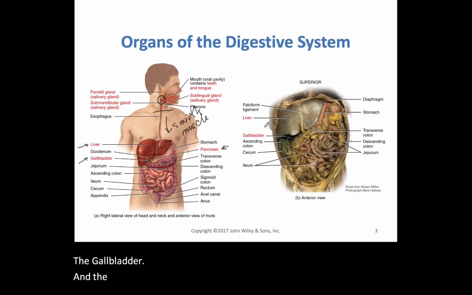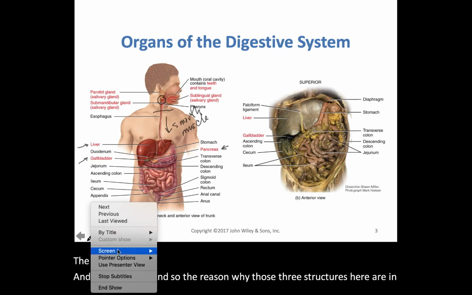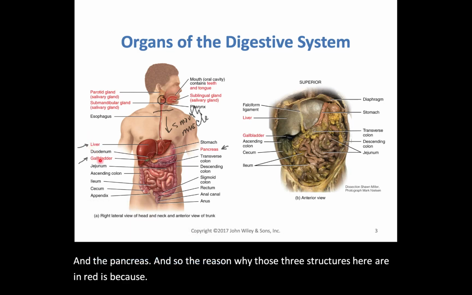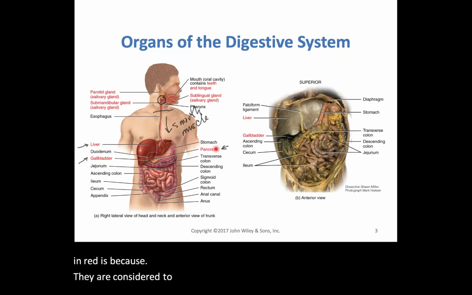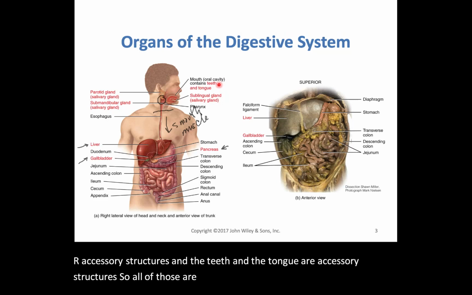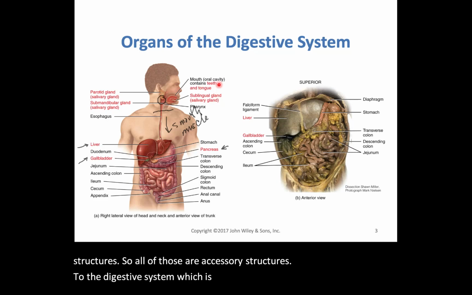And the reason why those three structures here are in red is because they are considered to be accessory structures, just as the salivary glands are accessory structures and the teeth and the tongue are accessory structures. So all of those are accessory structures to the digestive system, which is why they are highlighted in red.